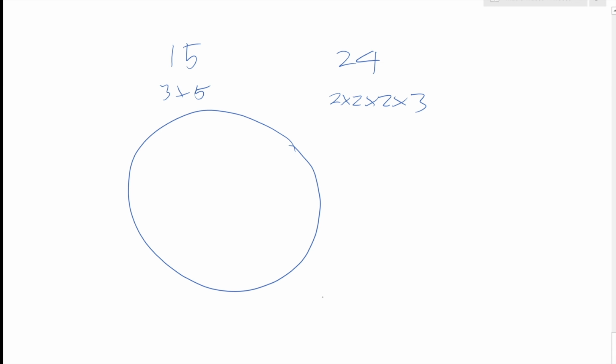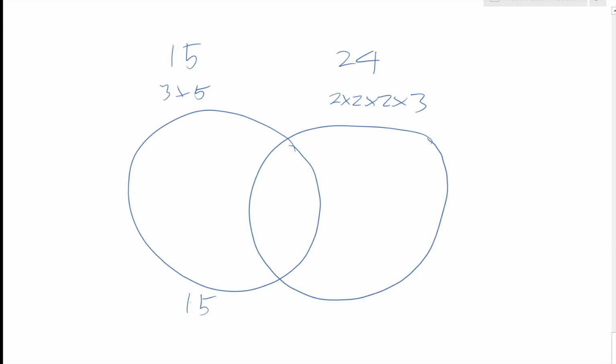How can we find these using prime factorisation? So, let's go for 15 and 24. So 15 is 3 times 5, and 24 is 2 times 2 times 2 times 3. And what we do is we draw out a Venn diagram, like so.